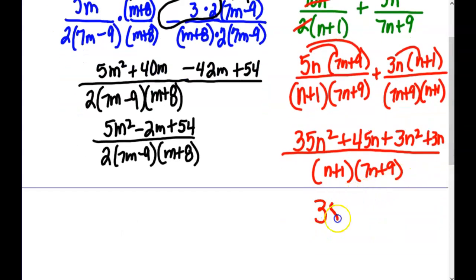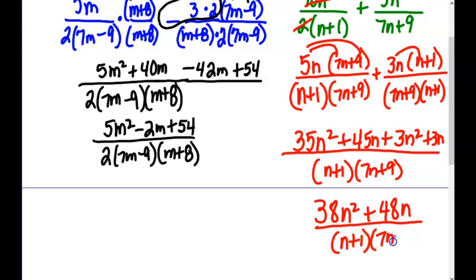All right, I got a 38n squared when I combine like terms and a plus 48n. Now I can take an n and a 2 out of those, but is there a factor in the denominator that would help if I had an n or a 2 taken out? Nope, nothing's going to simplify. Is that what they have? Okay. Thanks for always checking for me that I didn't make a mistake somewhere.